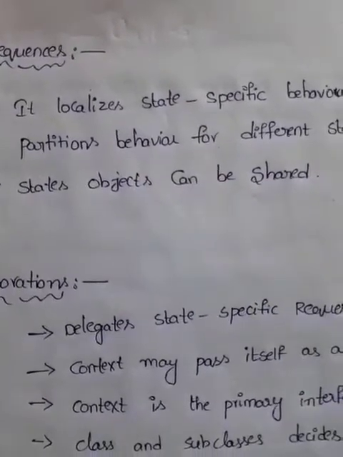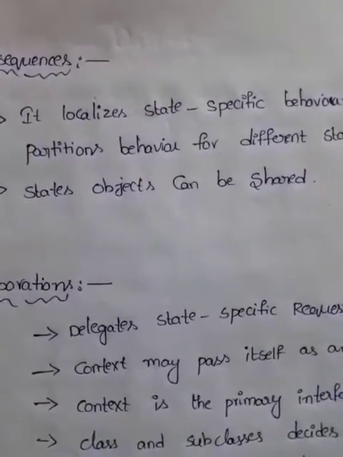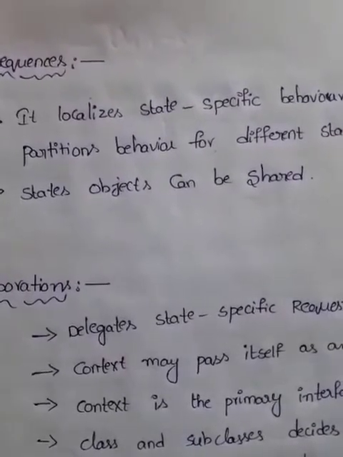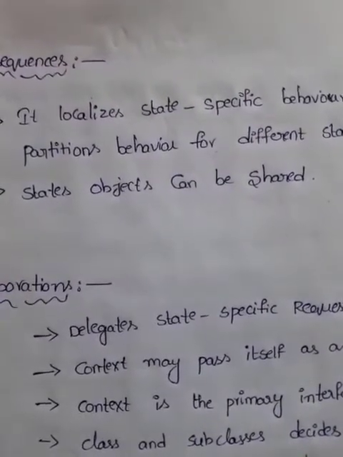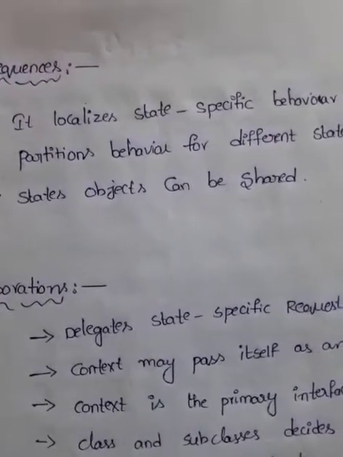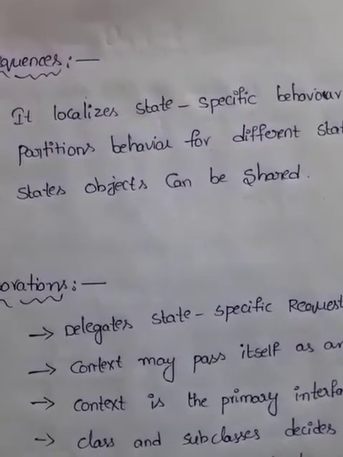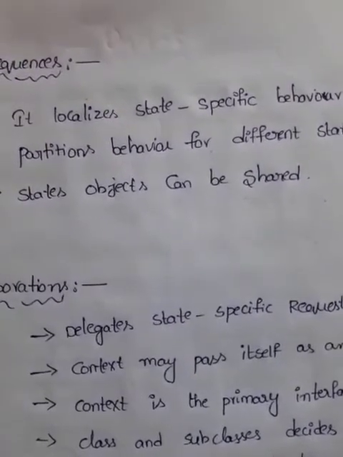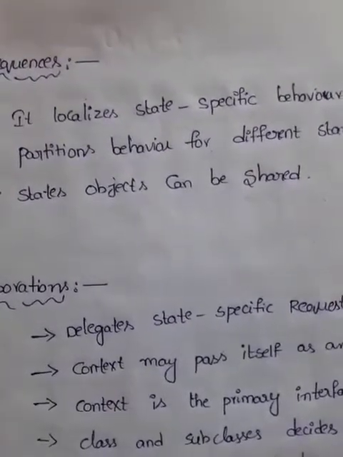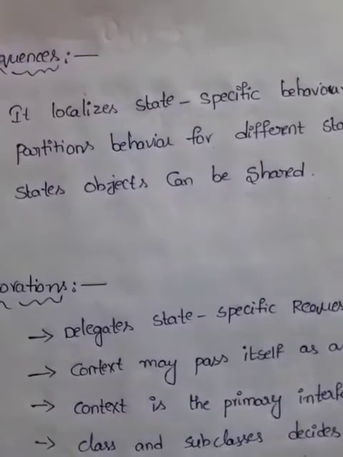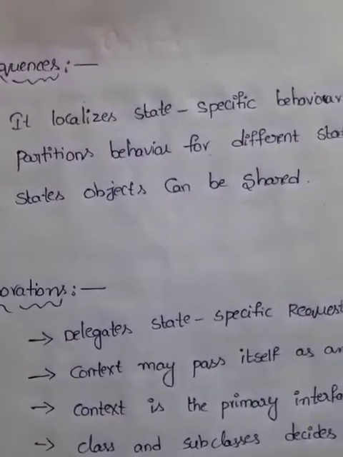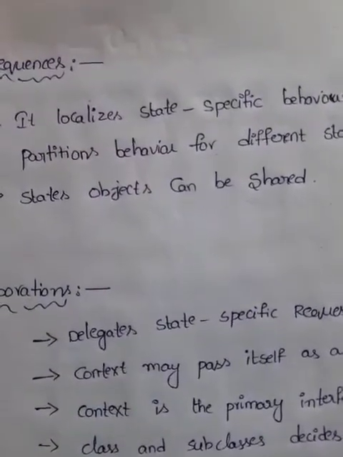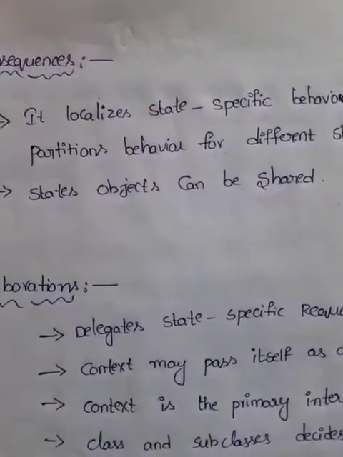The next one is it makes state transitions explicit. When an object defines its current state solely in terms of internal data values, its state transitions have no explicit representation. They show up only as assignments to some variables. Introducing separate objects for different states makes the transitions more explicit.